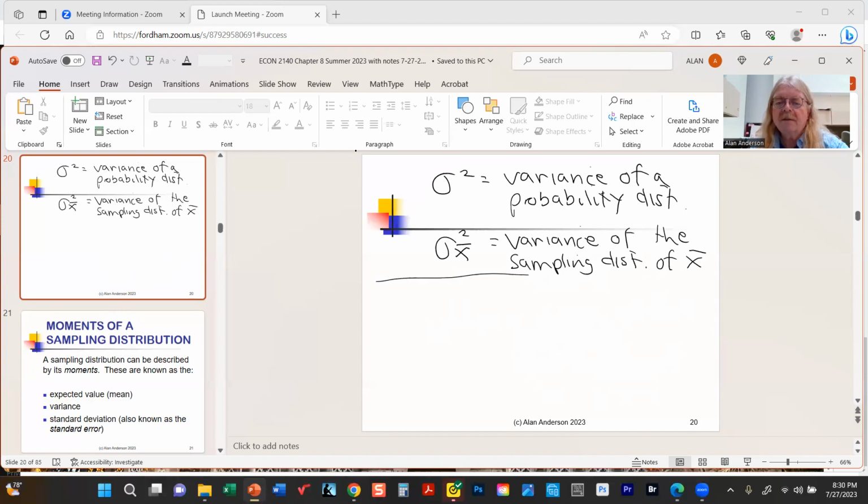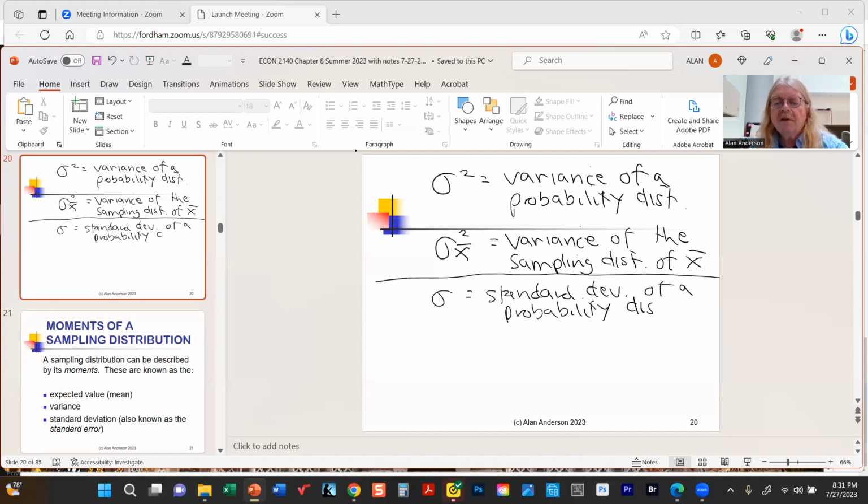And of course, I'm sure you can see what's coming next, the standard deviations. Standard deviation of a probability distribution, and then this would be the standard deviation specifically of the sampling distribution of X bar.